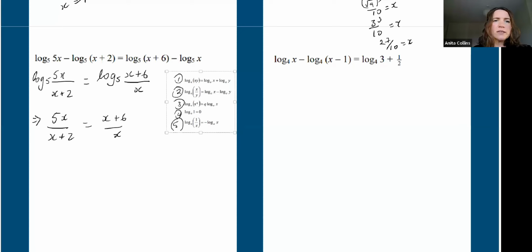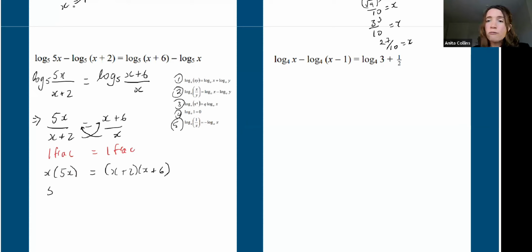So what I'm going to do is cross multiply because I have a situation where we've got one fraction equals one fraction. So go back to algebra 1 if you need a bit of help with this. X times by 5x is equal to x plus 2 times x plus 6. I'm trying to solve for x. So at this point, I'm just going to multiply up brackets and stuff like that. X times x is x squared, 2x and 6x, where's that?